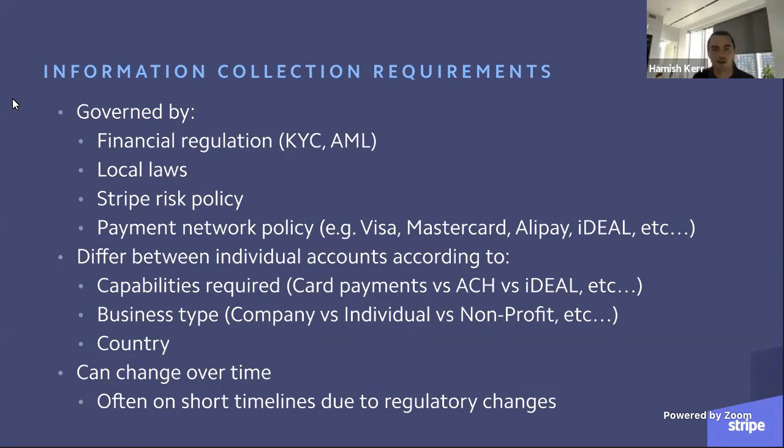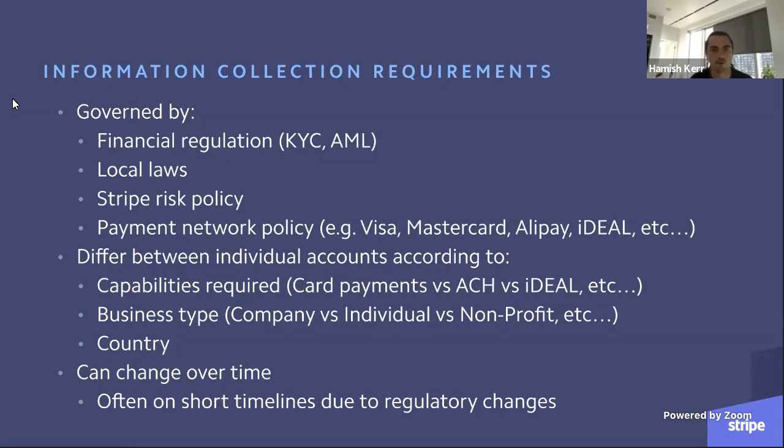Stripe aggregates all of these inputs to come up with the final list of information requirements that you see. And because you have this wide range of inputs, it's also worth noting that it can vary quite significantly from Stripe account to Stripe account.